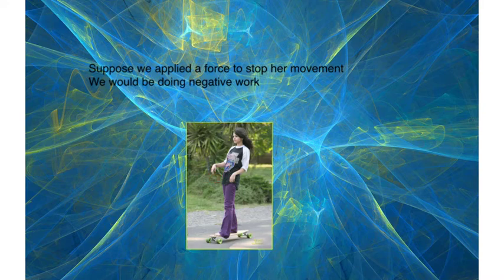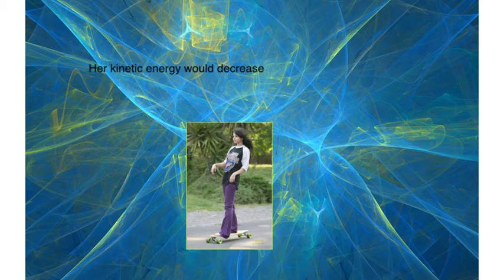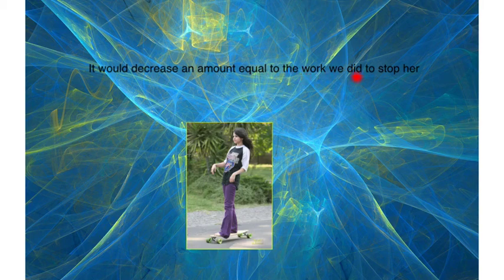We would be doing negative work because she was moving this way. Our force goes this way in the opposite direction, so our work would be negative, and that work would cause her to stop. As she slows down, her kinetic energy would decrease, and when she came to a stop, the amount that the kinetic energy decreased would be equal to the work that we had to do to stop her.